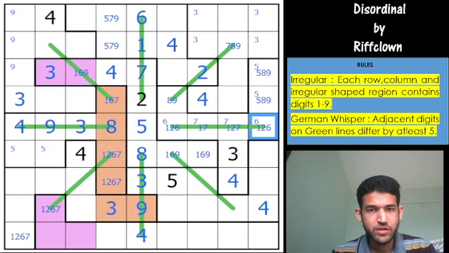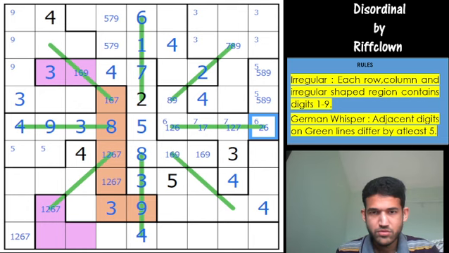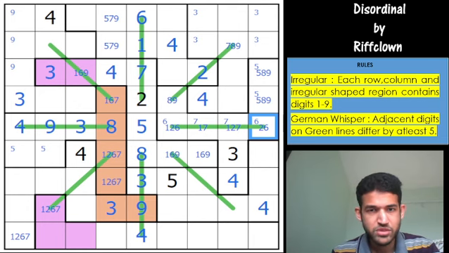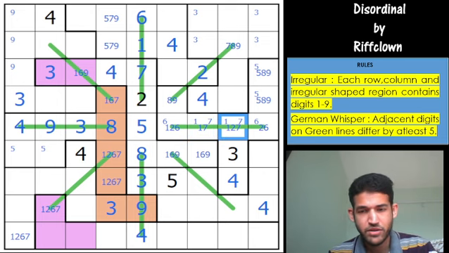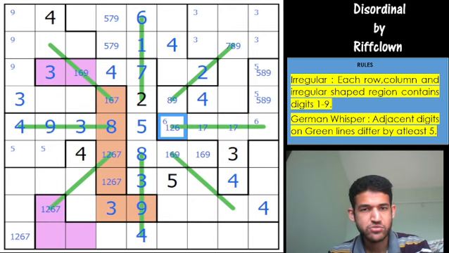So if this is 1, its friend must go into here, which is a 2. So this cannot be a 1, because we just removed the 2 from here. Okay, so 6 is in these two cells, and which means its friend must be in these two cells. So this becomes a 1, 7 pair now, because we already made a corner of 7 in here, right? So that's 1, 7, and that becomes 2, 6.